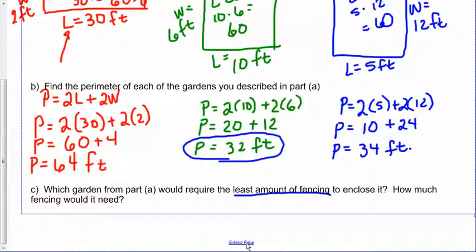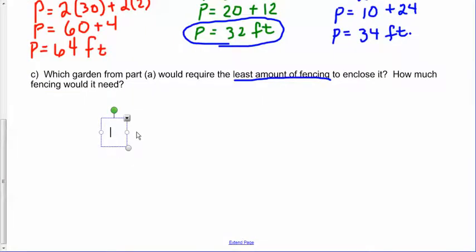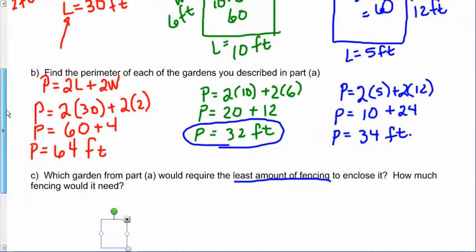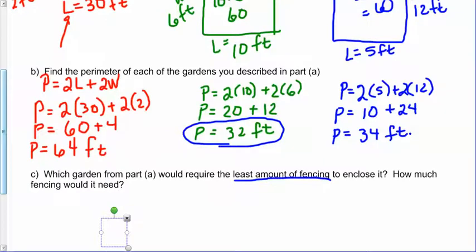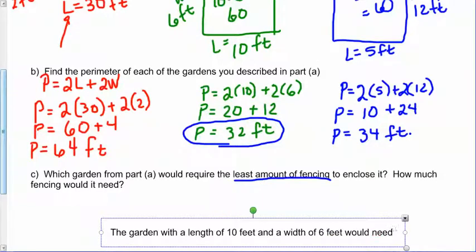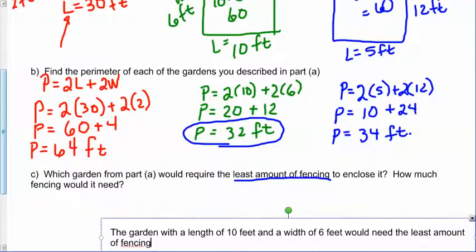Just extend my page. So which garden from part A would need the least amount of fencing? Let's just scroll up to make sure that we've got the right information here. We want the one that had a length of 10 feet and a width of 6 feet. So the garden with a length of 10 feet and a width of 6 feet would need the least amount of fencing.